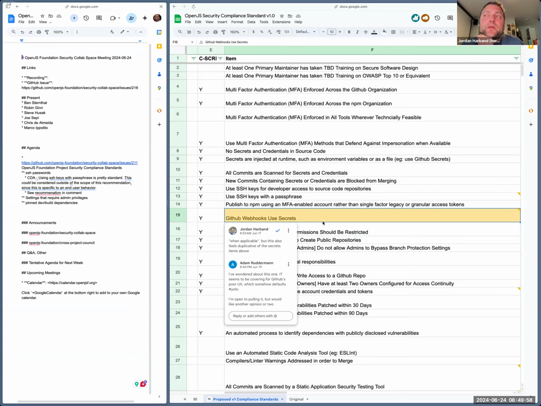I don't actually use webhooks that much, but in general you have the use secrets thing, right? Is this like a token in the webhook URL? I'm just unclear about what this means. Yeah, let me practice.